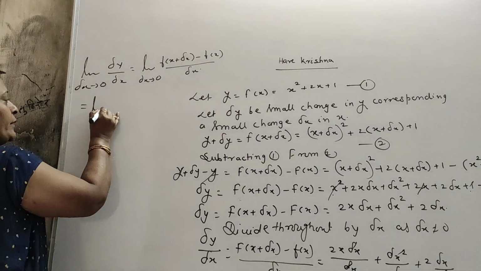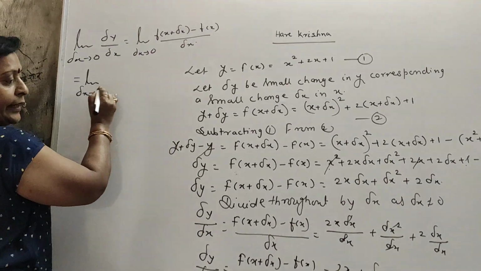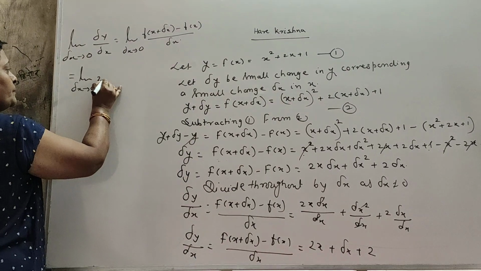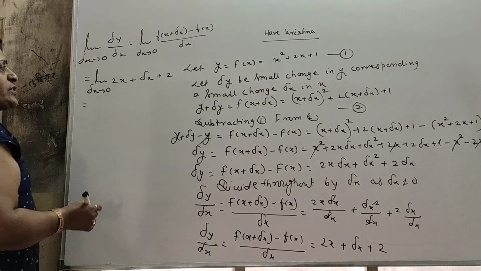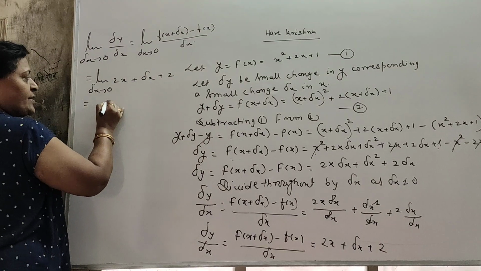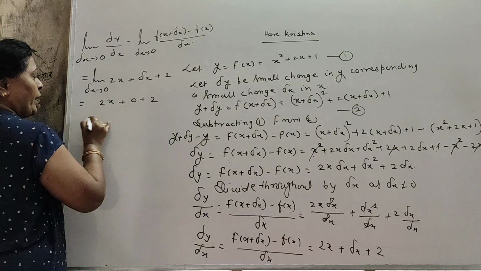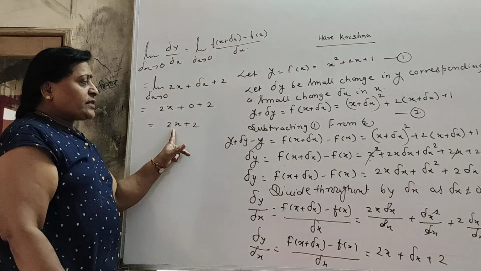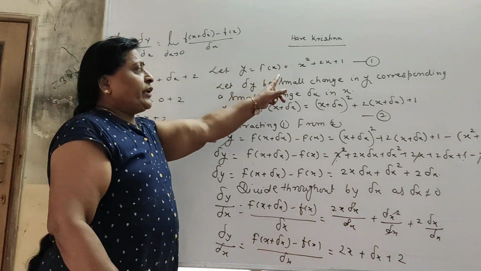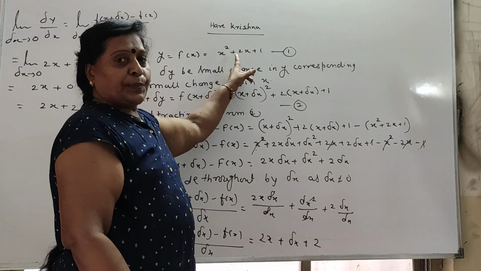You take the limit of every term, that is 2x plus del x plus 2. Now if you substitute del x tends to 0, you get 2x plus 0 plus 2, that is 2x plus 2. So the derivative of the function x square plus 2x plus 1 is nothing but 2x plus 2.